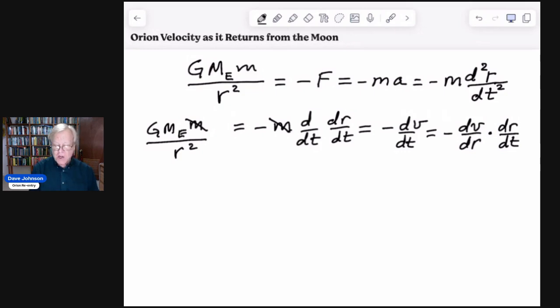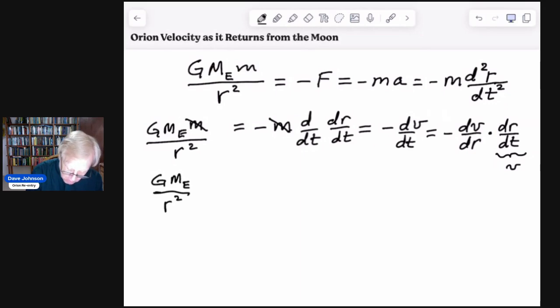So I'm just applying the chain rule to dv dt. And now I'm going to again replace this with v. And so we get GM sub e divided by r squared, I canceled the little m, is equal to negative dv dr times v.